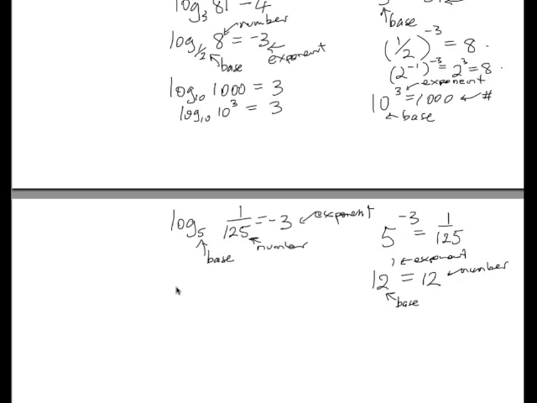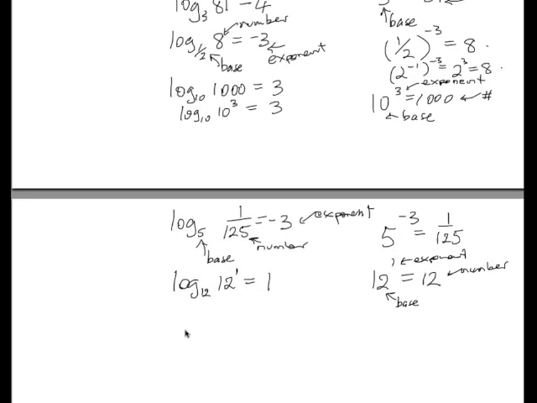So what do we have over here? This is going to be log in base 12 of the number 12 is equal to 1. Okay. All right, so notice that this would be a power of 1 here, of course, so the log in base 12 undoes the exponent of base 12, leaving us the exponent.